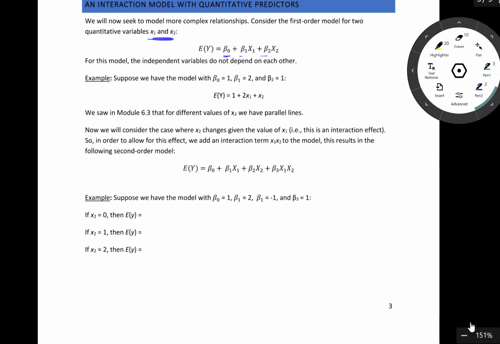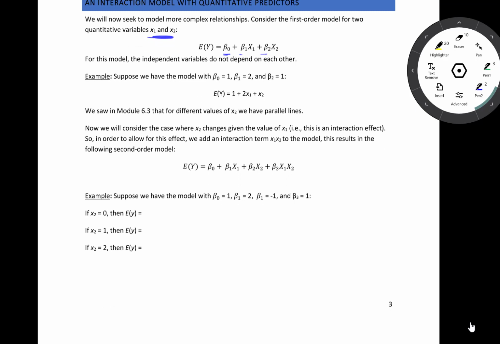To allow for this effect, we add an interaction term denoted by x1x2 to the model, and this results in the following second order model. The reason we call this a second order model is because it has a second order term, which in this case is the interaction term. Later on, we'll learn there are different possibilities for second order terms, for example x1 squared or x2 squared, and we'll learn about that in polynomial regression in a couple of weeks.